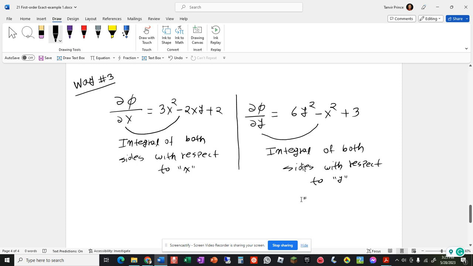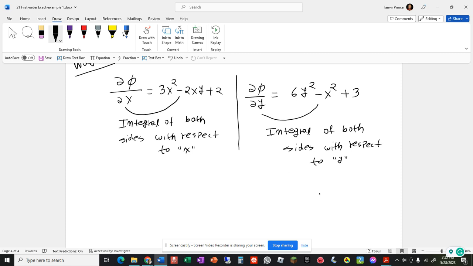So let's do that. If I take the integral of both sides with respect to x, I get the original phi equal to, and we did this before, so I'm just going to do it quickly, x cubed minus x squared y plus 2x plus any function of y. We call it a of y.